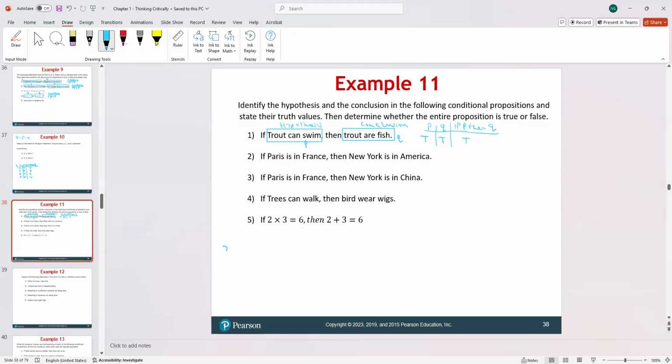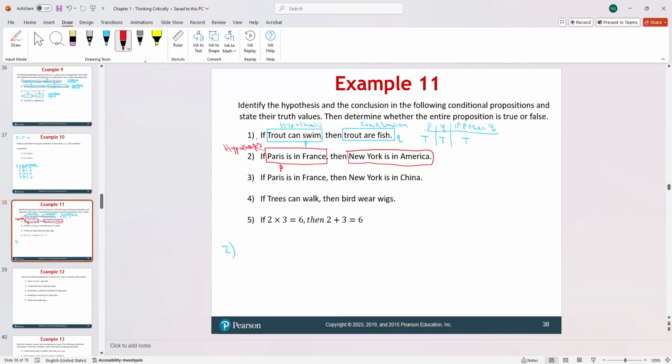For number two, look, we know Paris is in France. We're going to call this one P, the hypothesis. And then New York is in America. Are those true or not?